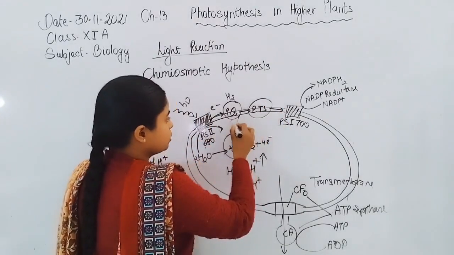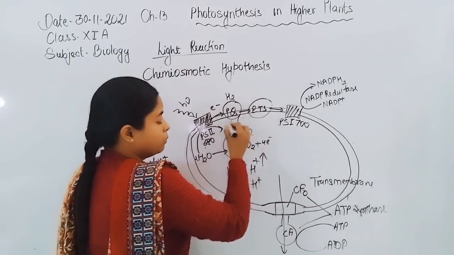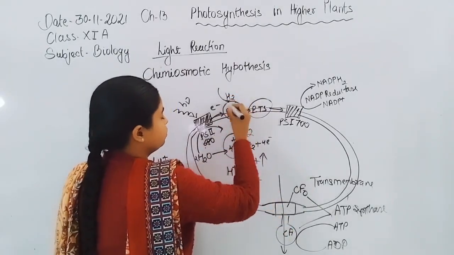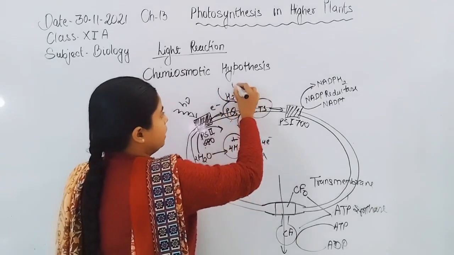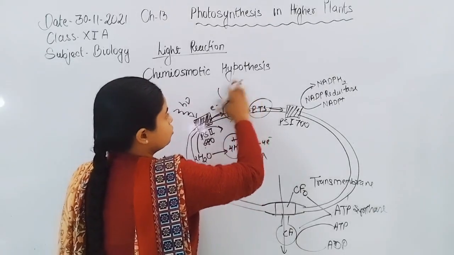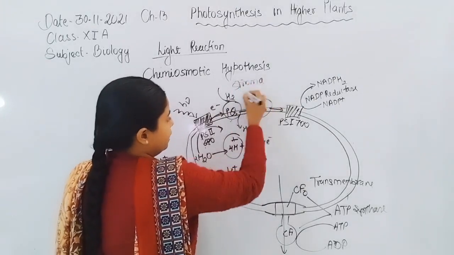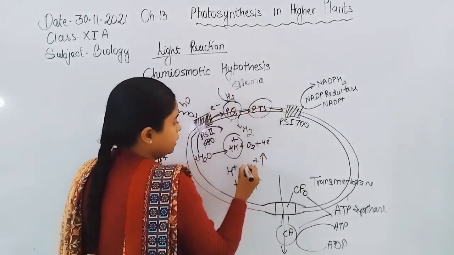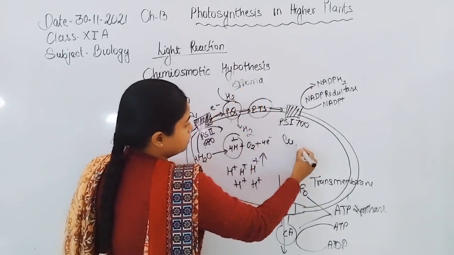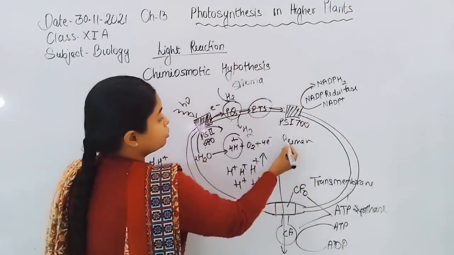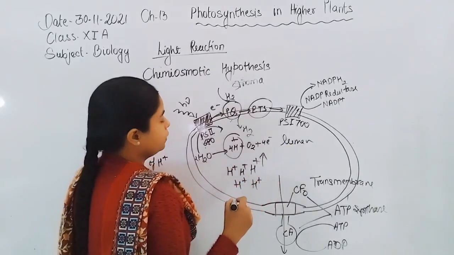Plastoquinone is a proton acceptor, so it always takes the proton from the stroma and transfers it into the lumen during the transport of electrons.